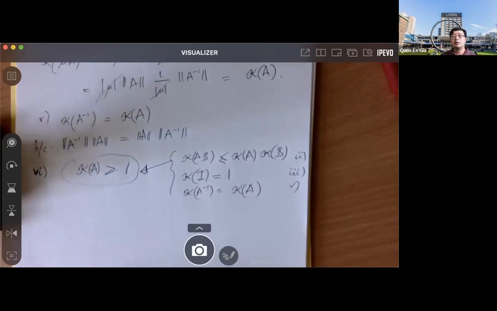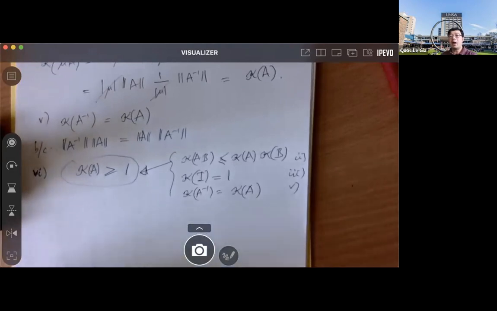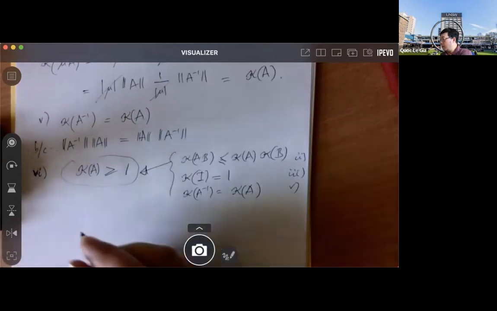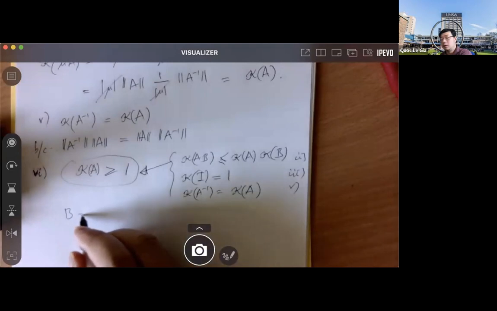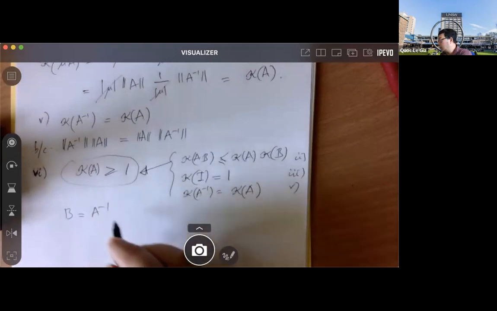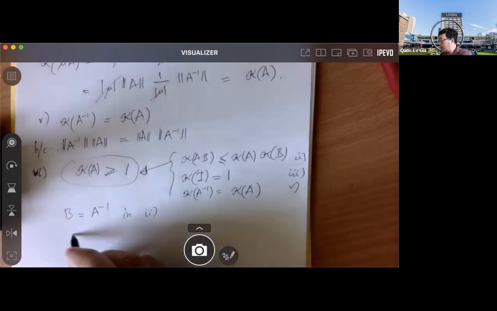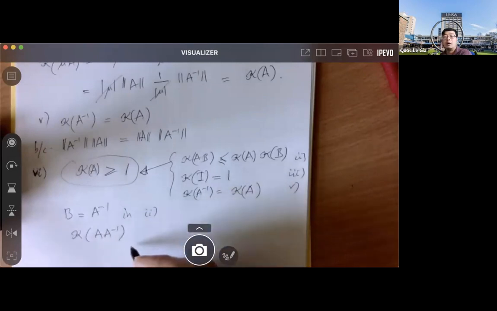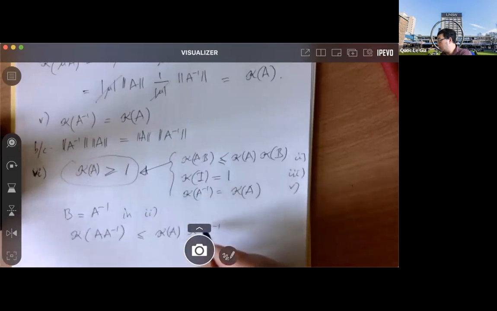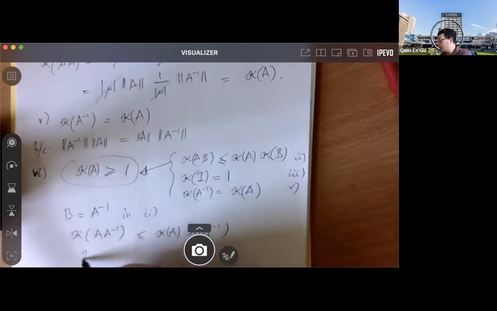Yes, if you take B to be A inverse in the second property, then what you have is kappa of A times A inverse less than or equal to kappa A times kappa A inverse, right? And A times A inverse is just the identity matrix.